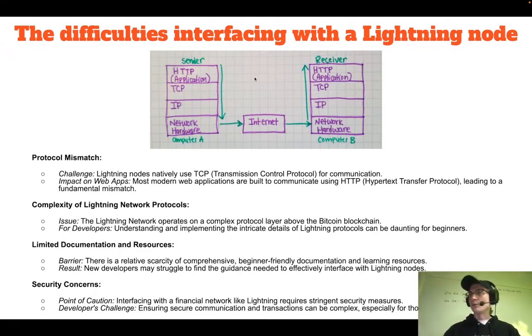We've got HTTP, which is the highest abstraction, where I, the developer, am interacting, and then it will travel down the stack before it crosses over the internet through all of these different protocols. It's kind of crazy, but the Lightning nodes themselves just use this TCP layer for communication.